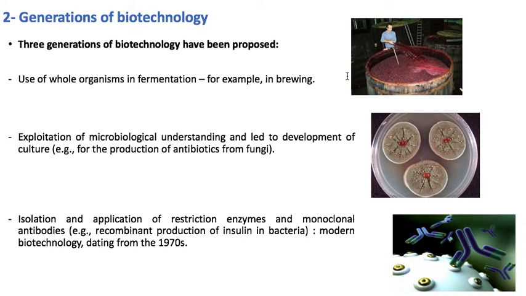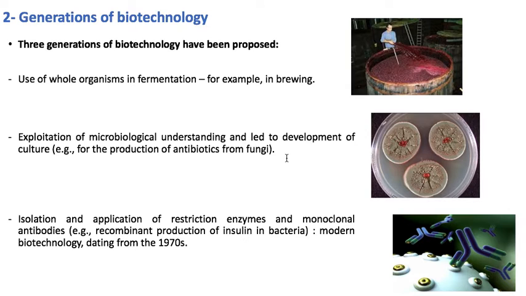The second generation exploited greater microbiological understanding and led to the development of culture and extractive techniques in the first half of the 20th century, when we started to produce antibiotics, which come from fungi. Then the third generation, modern biotechnology, is what we use today, dating from roughly the 1970s.